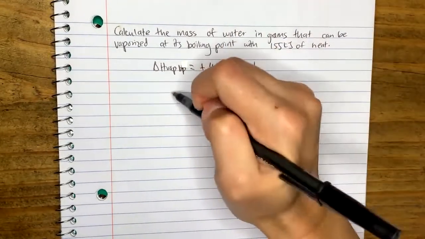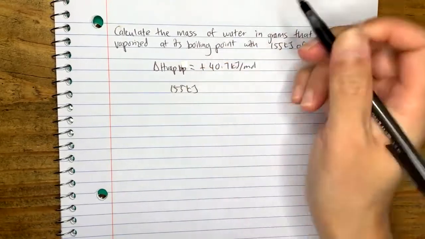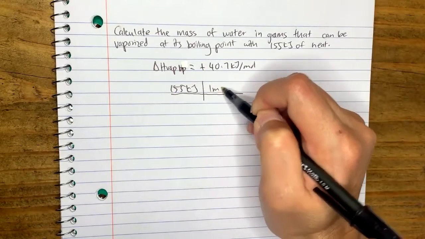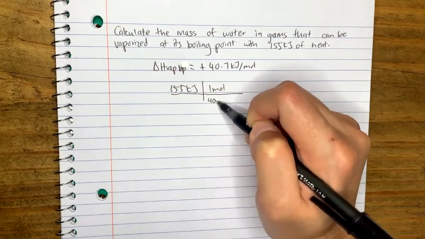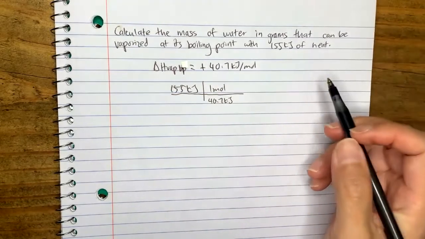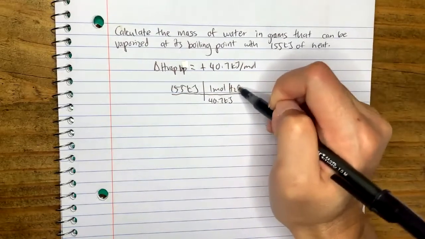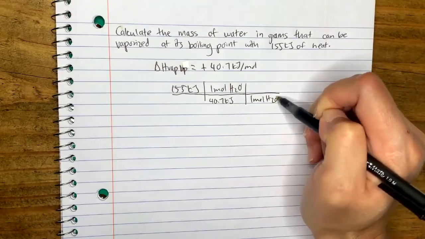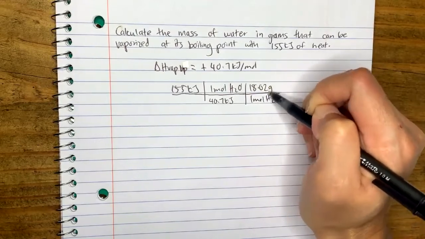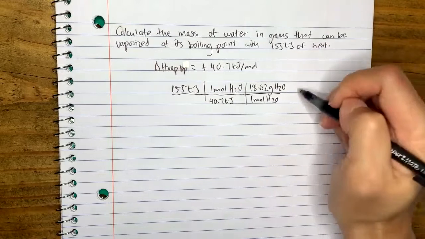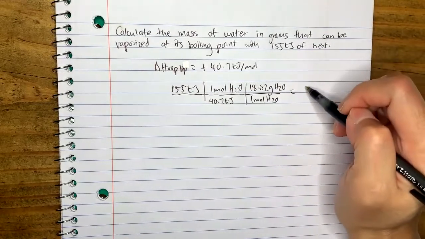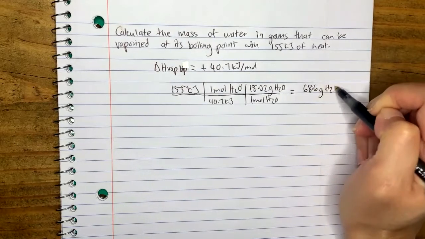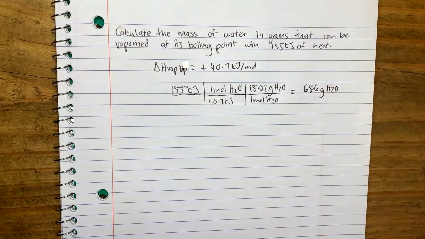So if they say I have 155 kilojoules, you can find out how many moles of water that is, because you know that 1 mole can be vaporized using 40.7 kilojoules. Okay, and based on that, you also know that 1 mole of water, if you look on the periodic table, is 18.02 grams of water. So once we have that, we get our answer in grams of water, 68.6 grams of water. Okay, so that was that.